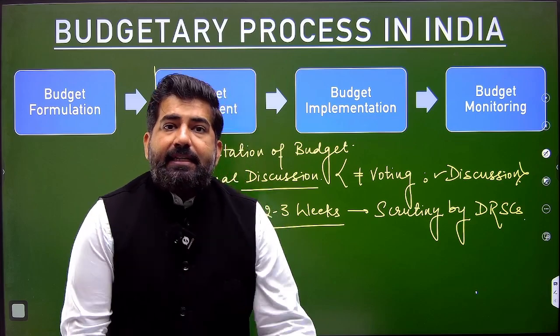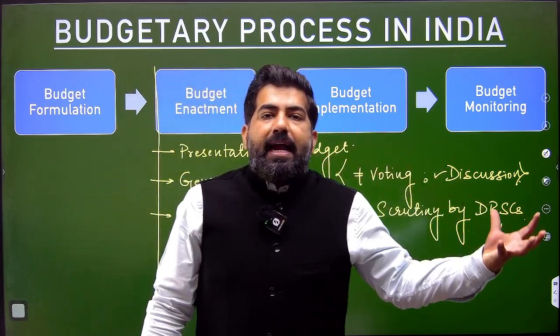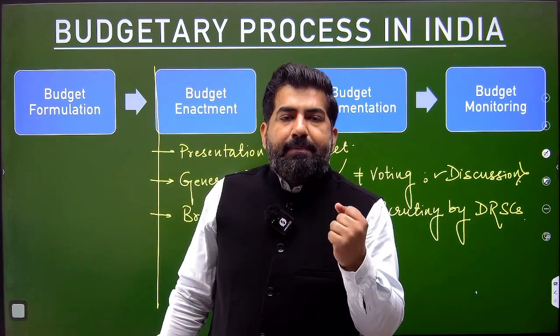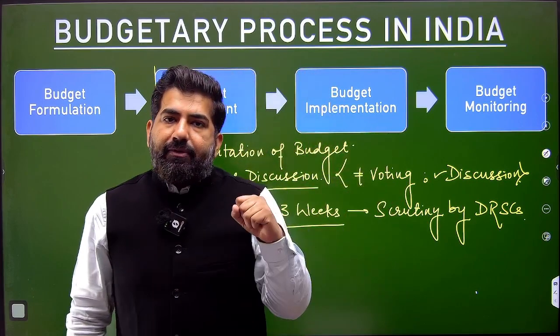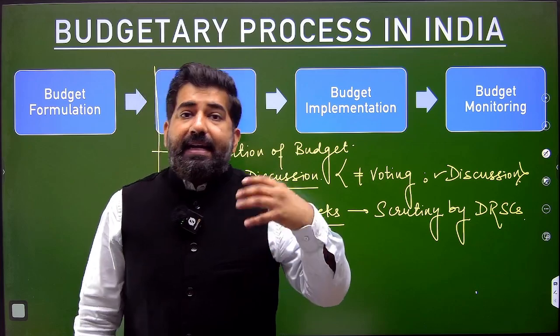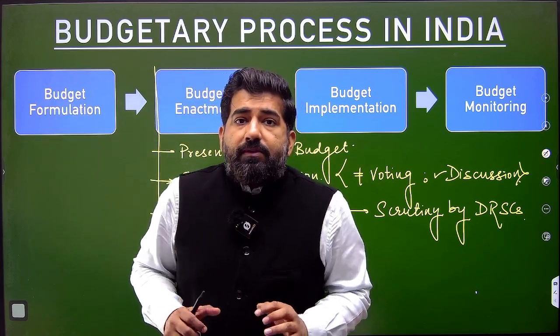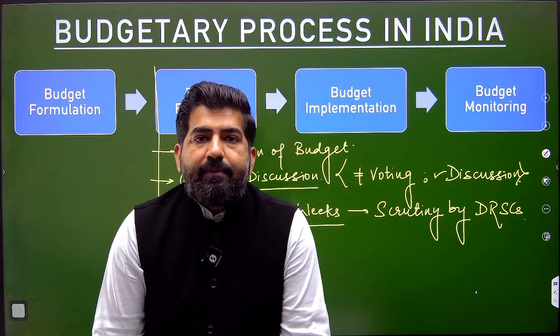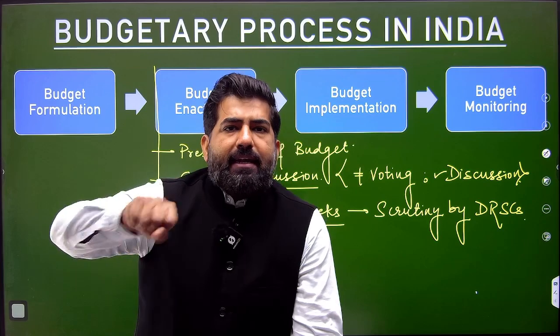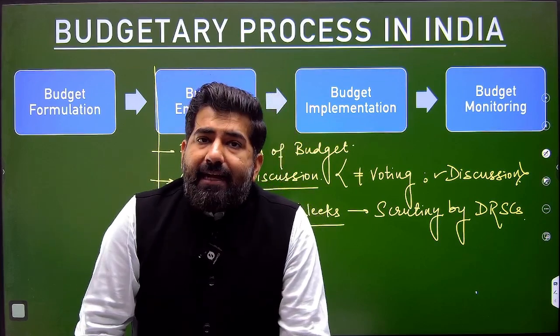They will analyze whether the demand for grant asked for by a particular ministry is accurate, justified and reasonable, or whether the ministry is asking for more than is required. Yes or no? So they will analyze, scrutinize and submit a report.